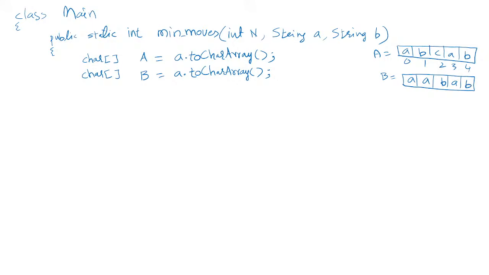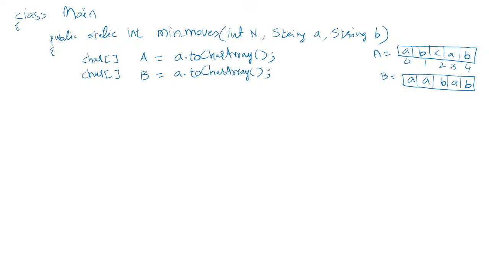Now what we need to do, as in the Python code: first we declared a dictionary to store the characters of b which need to be modified in a, and their indexes.